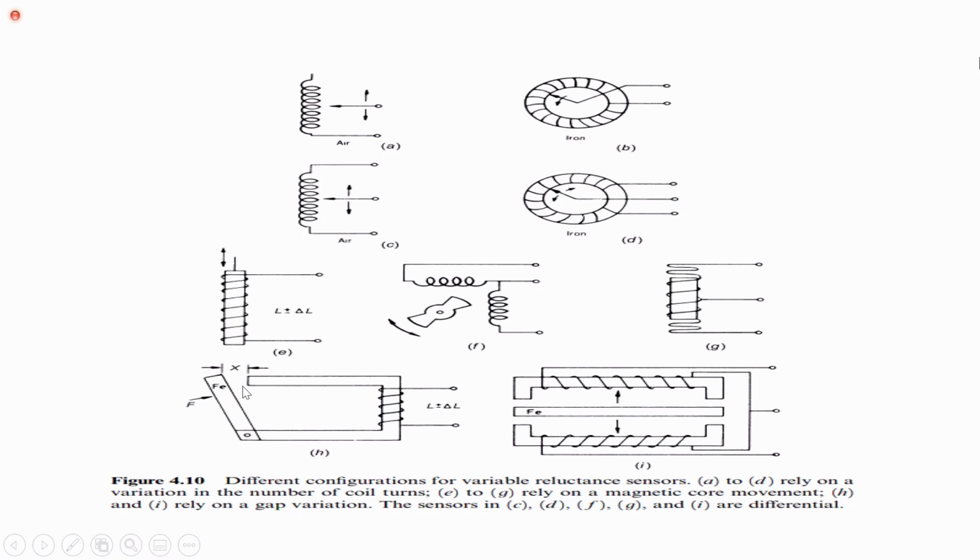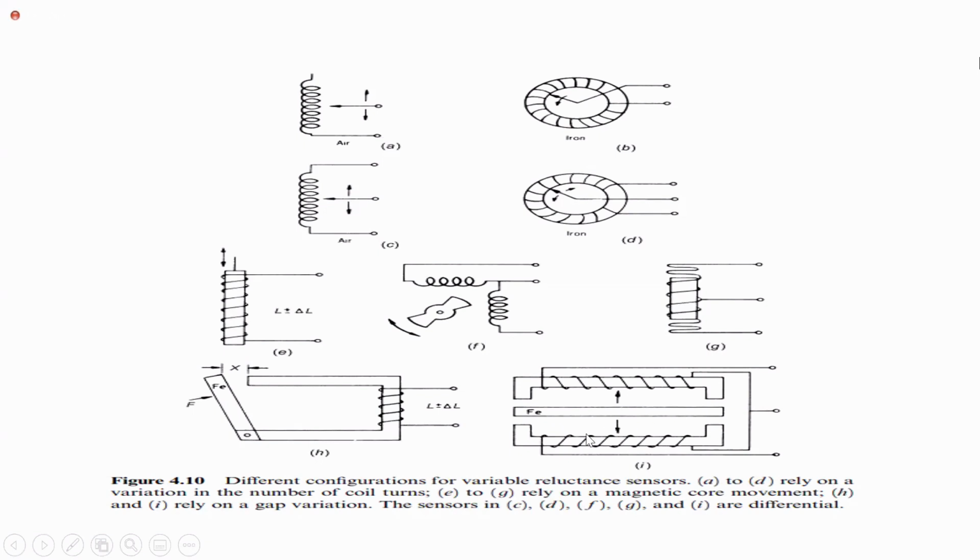And we have disconnected core here, and if we connect this core, we will get one type of inductance. If we disconnect this core, we will get less inductance here. So all these figures are different types of inductive sensors.